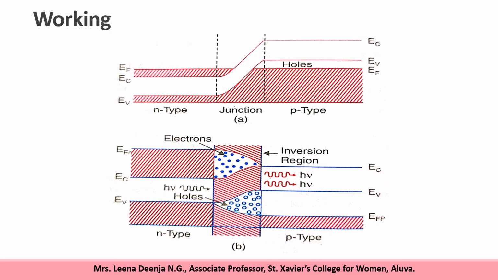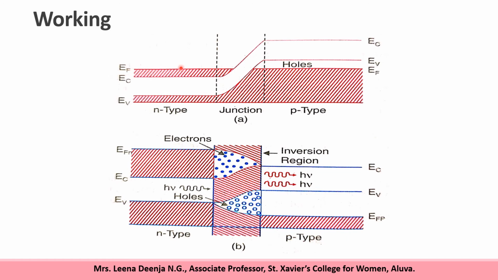The energy band diagram of a heavily doped PN junction diode is like this. On one side we have N-type material, on the other side P-type material, and in between there is the PN junction. In the N-type material, this is the conduction band and this is the valence band. In N-type heavily doped material, the free electrons occupy up to a level that we mark as EF, that is the Fermi level.